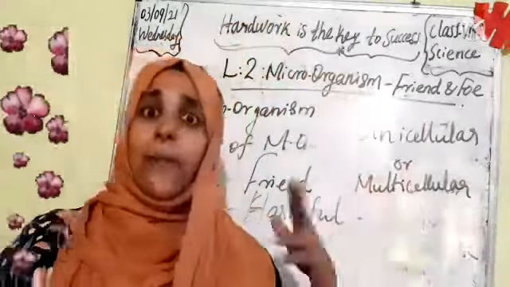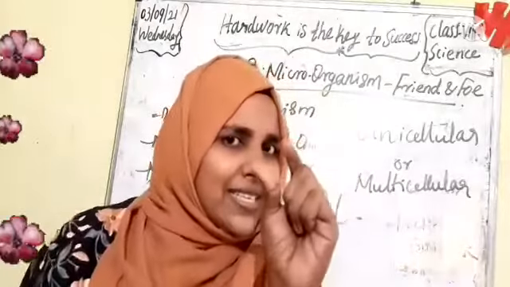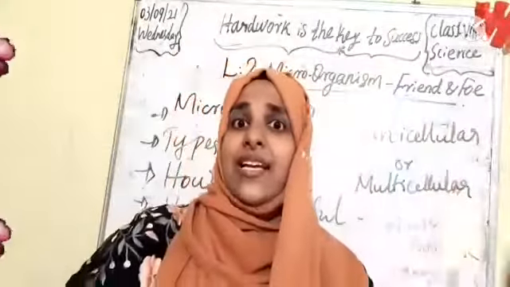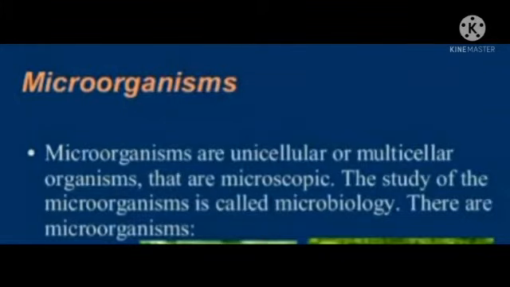That organism may be unicellular, maybe it has only a single cell, but sometimes it may be multicellular, maybe it has many cells. So microorganisms are unicellular or multicellular organisms that are microscopic. The study of microorganisms is called microbiology.